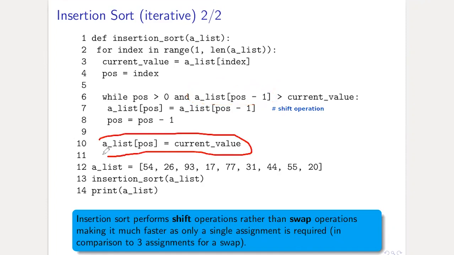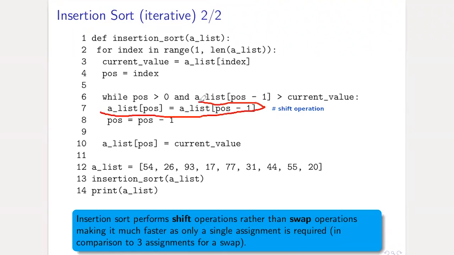But before you do that, you have to shift all the values one place to the left. So you are now doing that shifting, that way you make space for this current value at the top of the list.